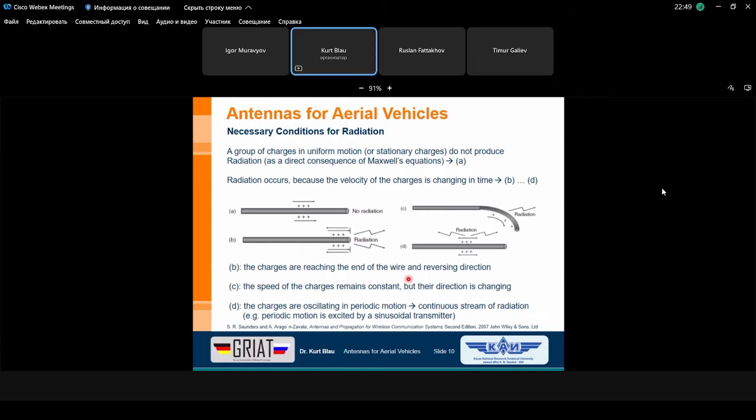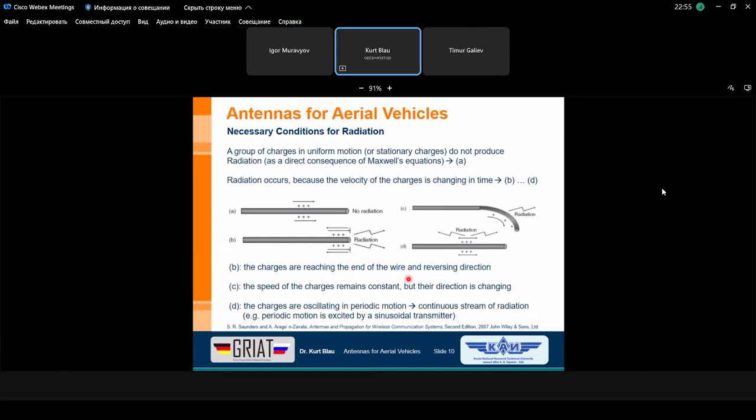The necessary conditions for radiation were shown here. The core element of this radiation is at least that we have a change in time of a current flow.